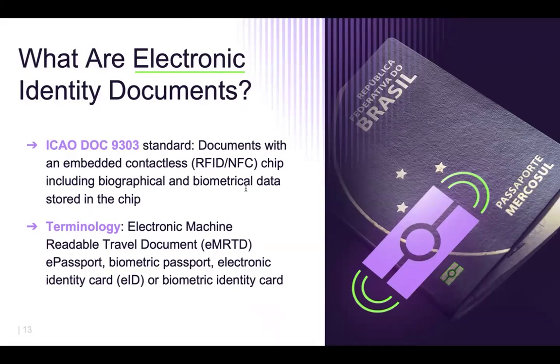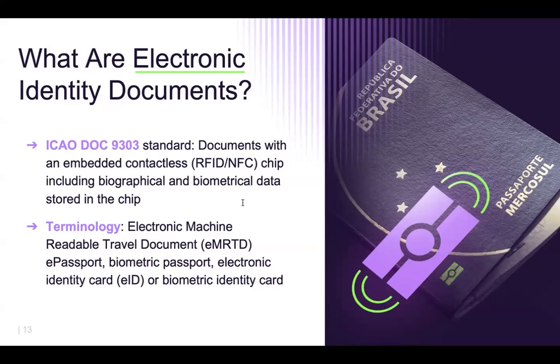At that time, there weren't even any specifications for this technology. In 2003, ICAO updated its standard for countries issuing machine-readable travel documents, including printing and physical details. Additionally, it also specifies details of the embedded chip, so an identity document carries the symbol displayed on this slide.